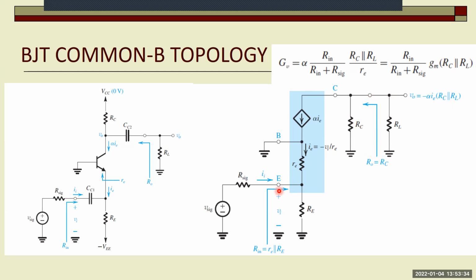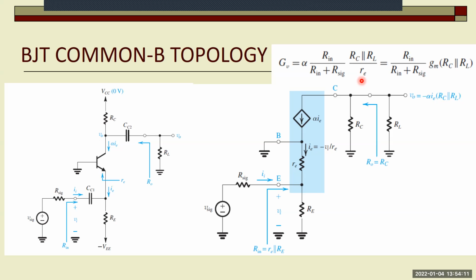Well, the signal source has its own internal resistance, and that voltage divides with the input resistance, and that voltage appears at the emitter. So this takes care of that part. Then we have the voltage over here, alpha ie are seen parallel to RL. That's this part.